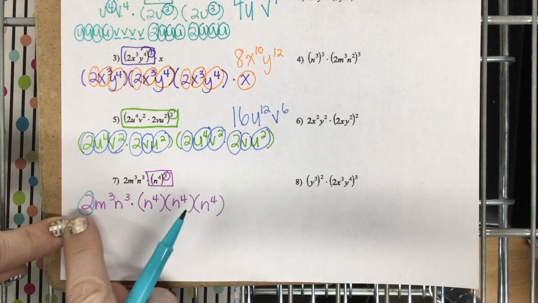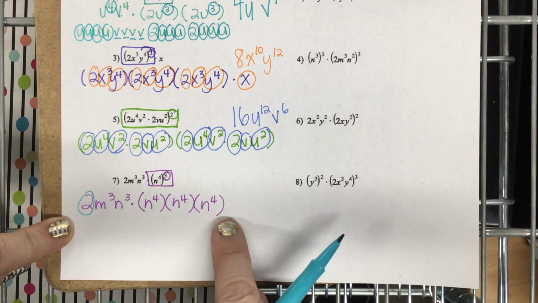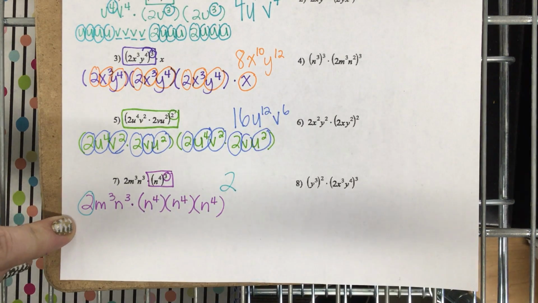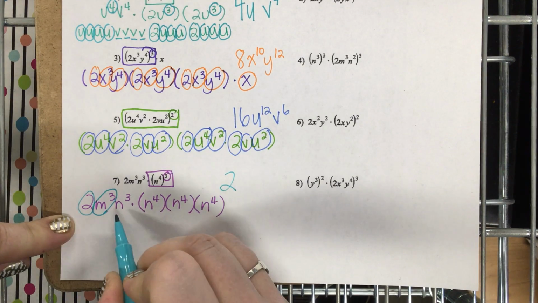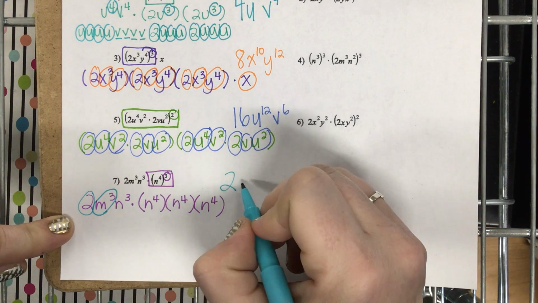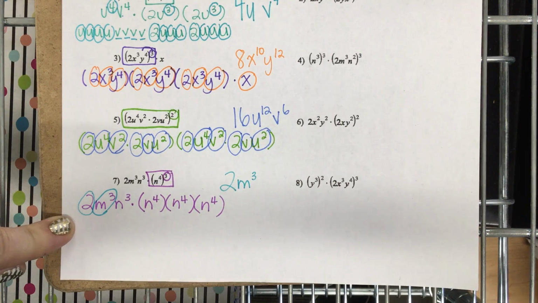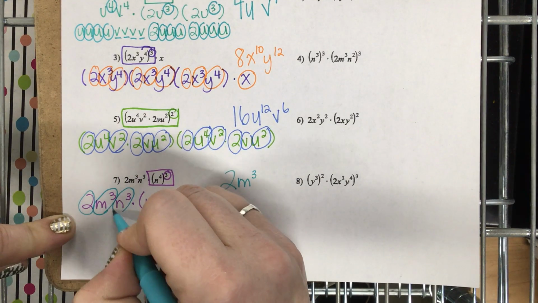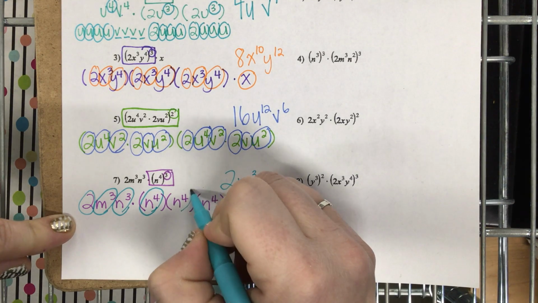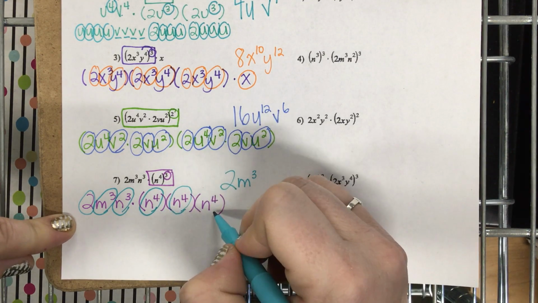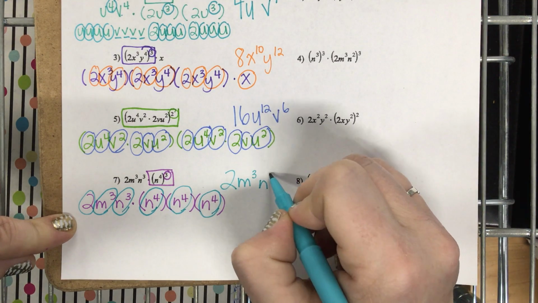I only have this 2 up in front. There are no other coefficients. So 2. Then I'm going to do my m's. M to the 3rd. Are there any others? Nope. Then I have n to the 3rd. Plus 4 is 7. Plus 4 is 11. Plus 4 more is 15.